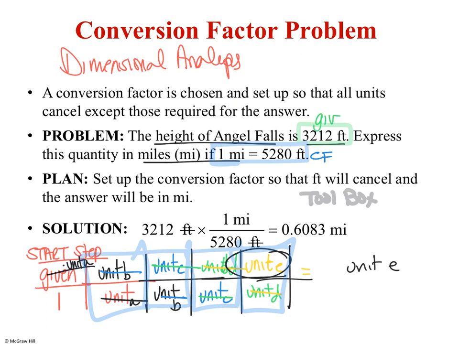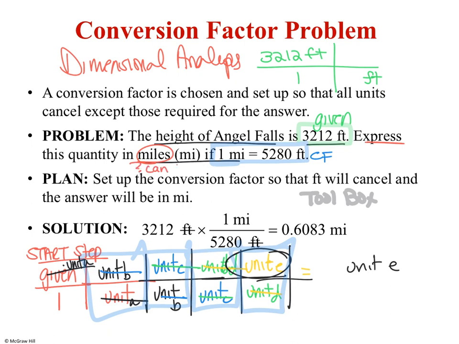This is your given. That's where you start. So you would start with 3,212 feet, put that over 1, and put the unit down there. Then you ask, what's my question? Express this quantity in miles.